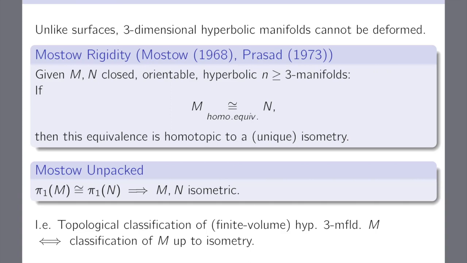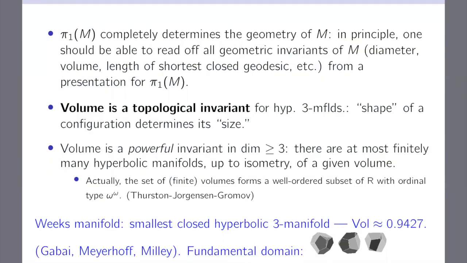That's really important. If we looked at the slides from the very beginning of the talk, this is saying that when I know the topological classification of certain types of manifolds, that is equivalent to classifying them up to isometry. So that's called Mostow rigidity, okay?